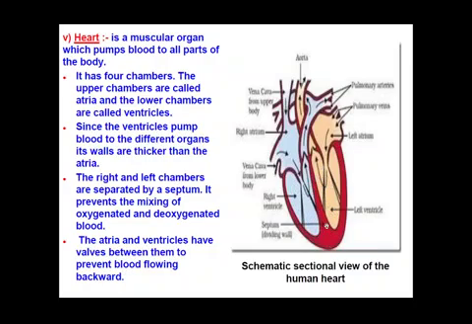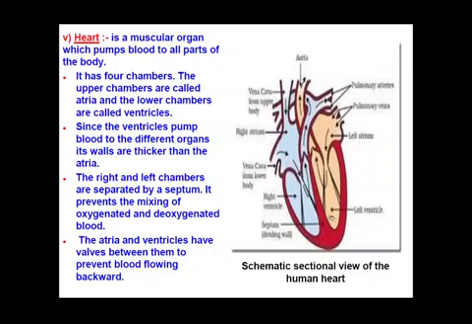The presence of the septum ensures that both oxygenated and deoxygenated blood, that is the pure blood and the impure blood, do not get mixed with each other. So it prevents the mixing of oxygenated and deoxygenated blood.